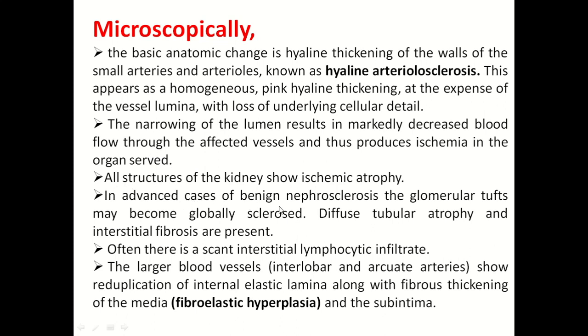In advanced cases of benign nephrosclerosis, the glomerular tuft may become globally sclerosed, and diffuse tubular atrophy and interstitial fibrosis are present.